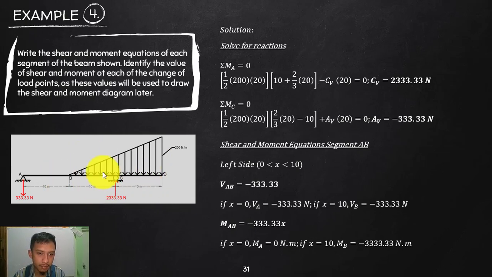Okay, so this is a little bit challenging since that is a triangular load, but the same thing, all you need to do is convert that one into a concentrated load. The only difference with your UDL is how to compute the concentrated value. Okay, so again, this is a simple summation of moments. By the way, the concentrated value of this is the area of a triangle.